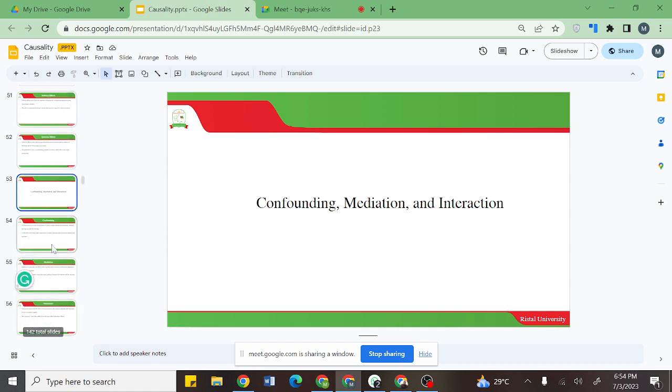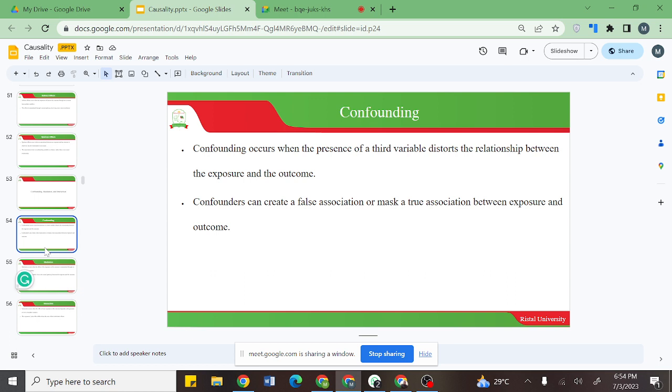Now this is where you come to some of these factors, for example, the confounding. When you talk about a confounding factor, your interest is to see: is it true that lung cancer happens when someone smokes? So your interest is between smoking and lung cancer.